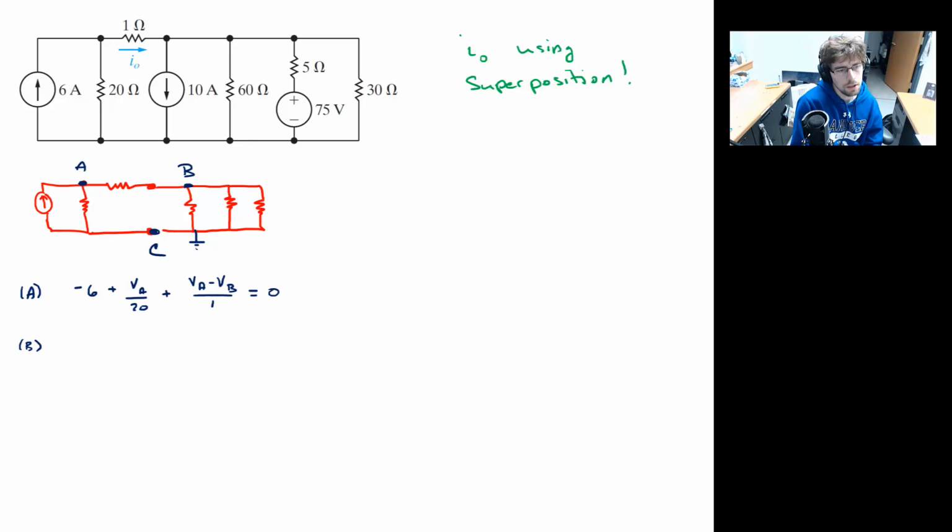For B, I have negative VB, minus VA over 1. Okay. And then I've got a bunch of rigmarole, right? I've got plus VB divided by 60 plus VB divided by 5 plus VB divided by 30 equals 0.